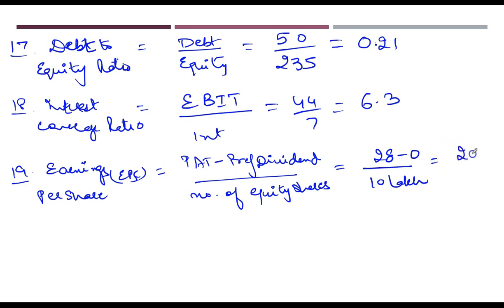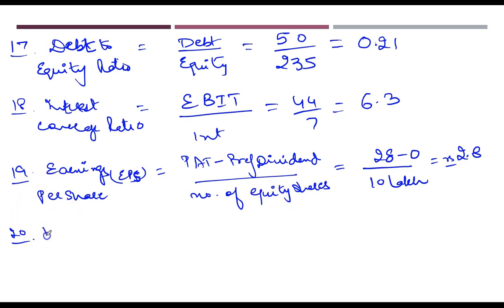So 2.8 rupees is the earnings per share. Okay, 2.8 rupees. So as an owner, you will be earning 2.8 rupees per equity share.